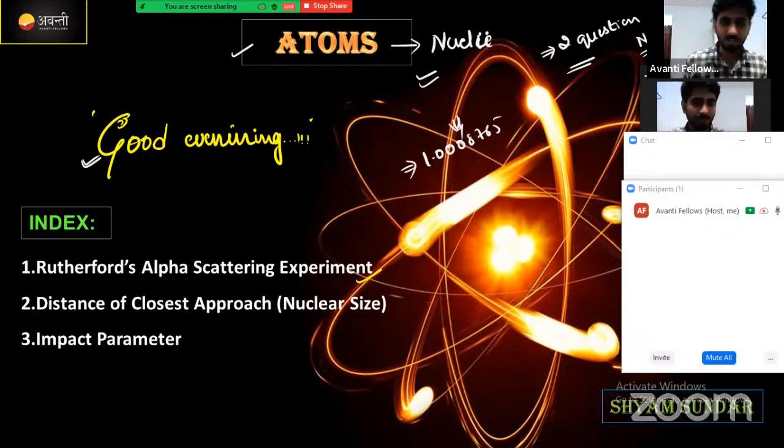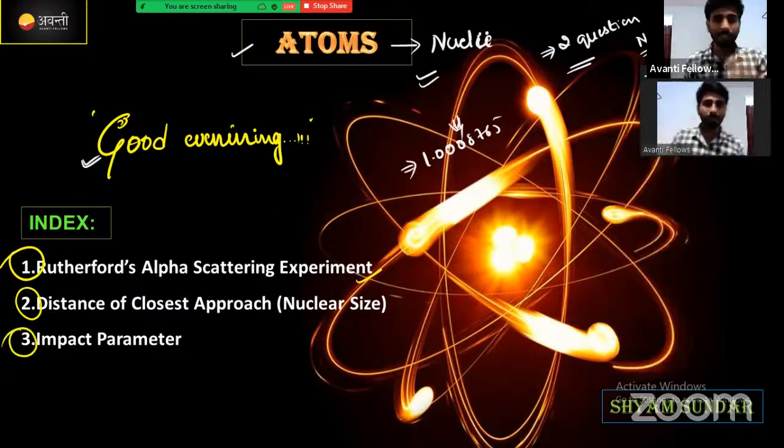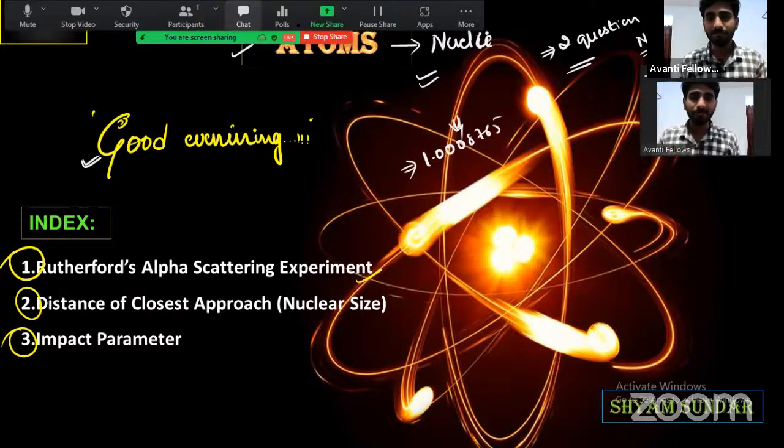Second, distance of closest approach. What is the meaning of this distance of closest approach? And impact parameter. These are the three major concepts which we are going to discuss in today's class. Clear? Let us start the session.